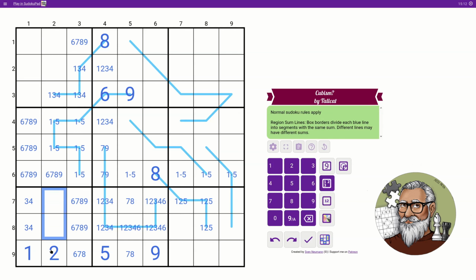Now I do need a 5 here, so these aren't 5. Oh, they aren't 2 either, so I get 1, 3, 4. That's good, because then these would have to be from 6, 7, 8, 9. Well, those aren't 8, of course.